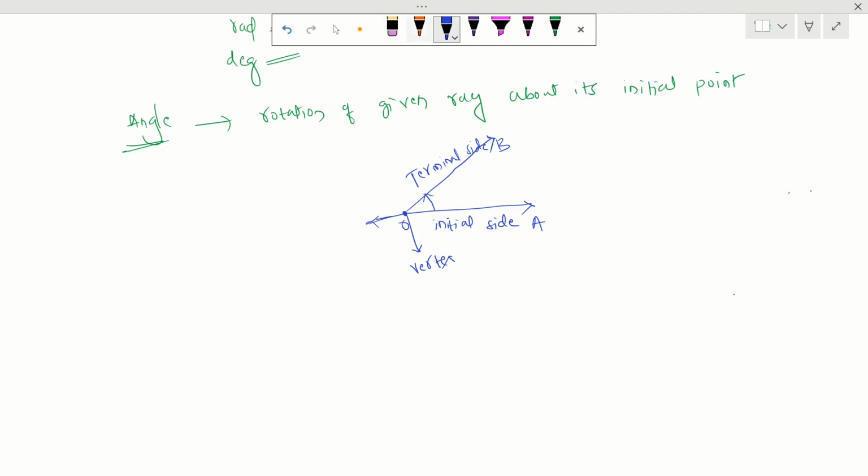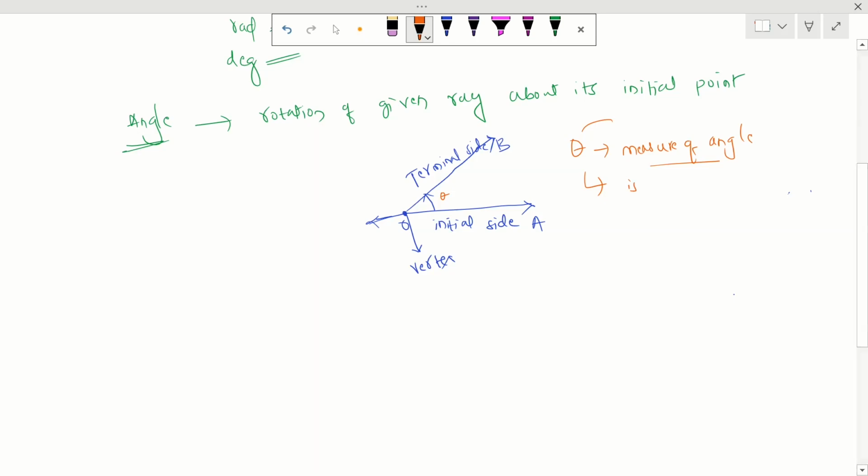Now, the angle is generally specified by theta. What is theta? It is the measure of the angle. What is the meaning of measure of angle?